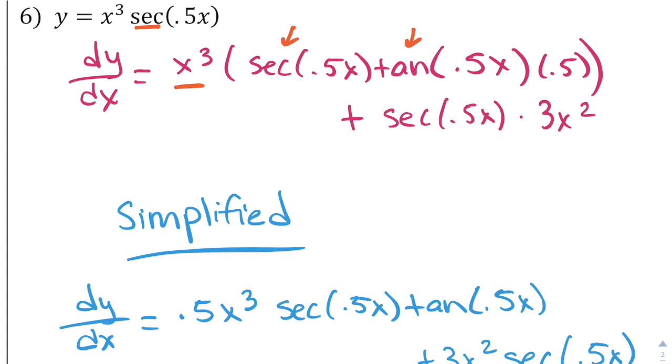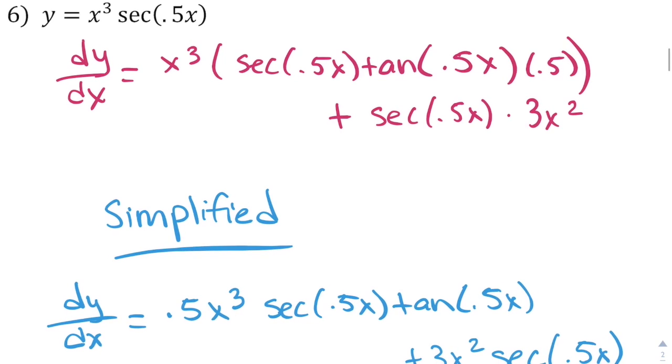Angle stays exactly the same. We fix it by attaching on the derivative of the angle, or the innermost function. The derivative of 0.5x is 0.5. And then we finish up with the second times the derivative of the first function. So the second stays the same, and that's the derivative of x cubed.